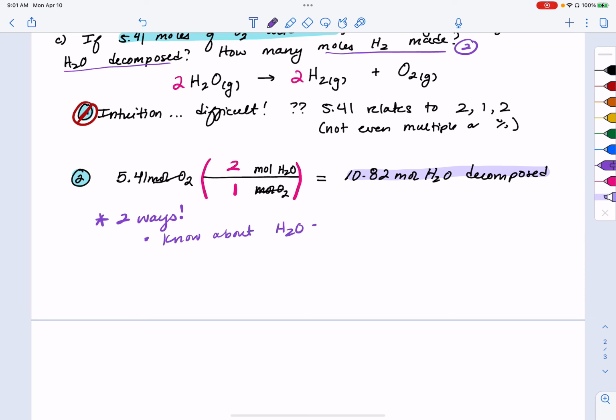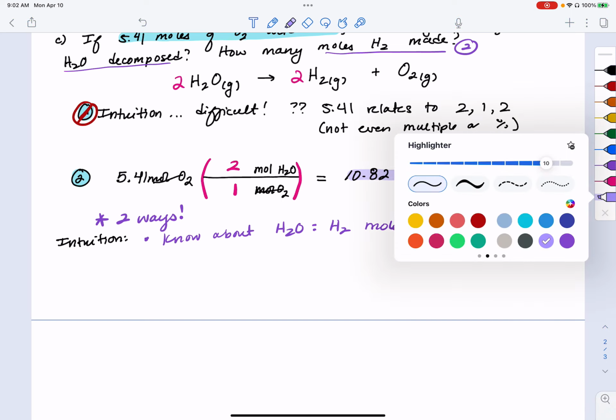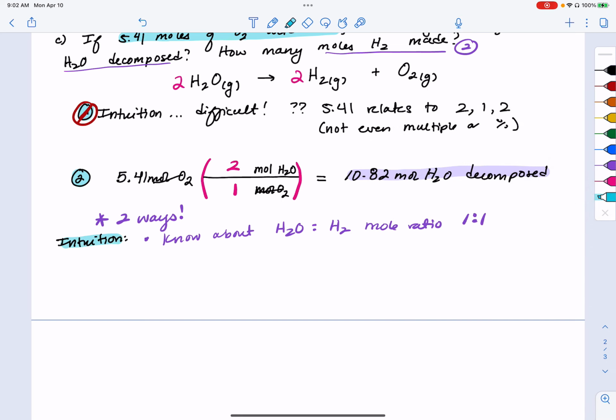And this is one where our intuition could probably come into play, because if you notice, that ratio is 1:1, meaning for every 1 mole of hydrogen gas made, that came from 1 mole of water being decomposed. So I could probably predict using my intuition here and say that this will be equal to 10.82 moles H2 made.